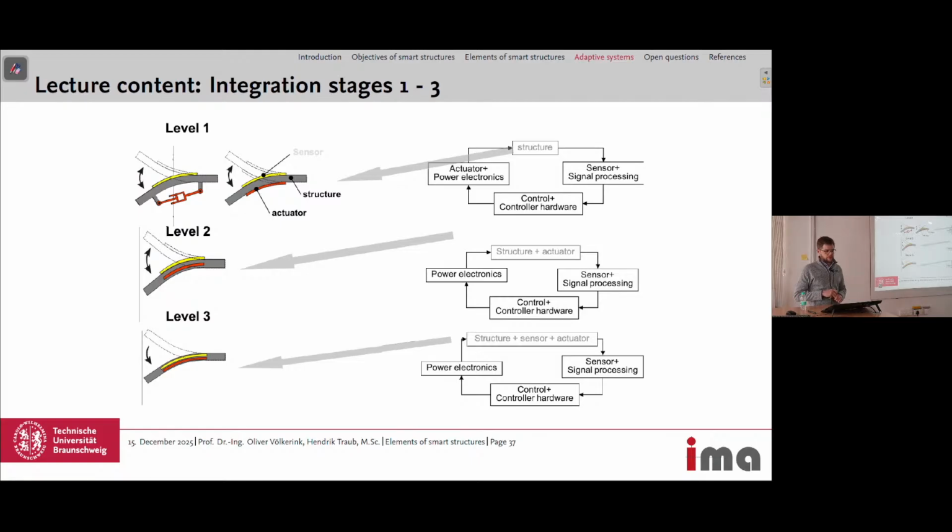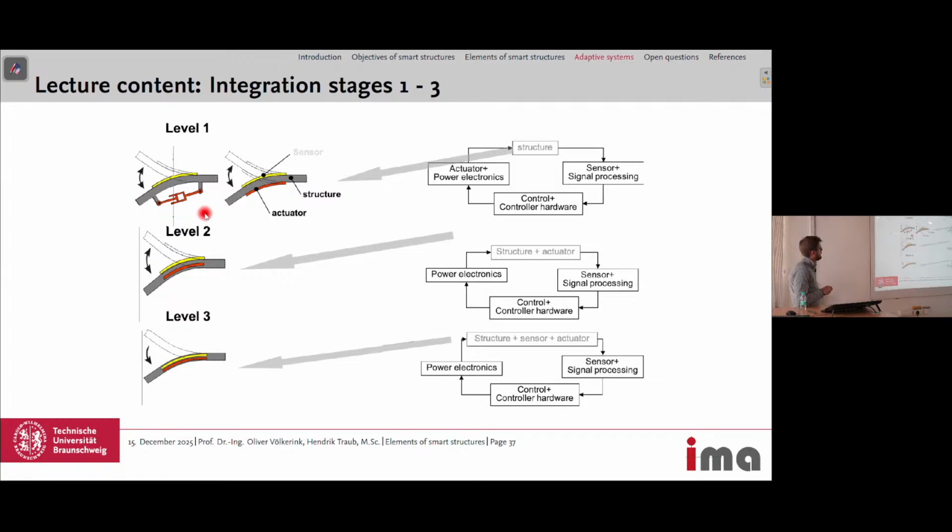So then one learning objective was to distinguish different integration stages. We can distinguish in total six integration stages. Level 1 is an actuator or sensor integrated or applied to the load-bearing structure, and the other part is an external component, like in mechatronics.